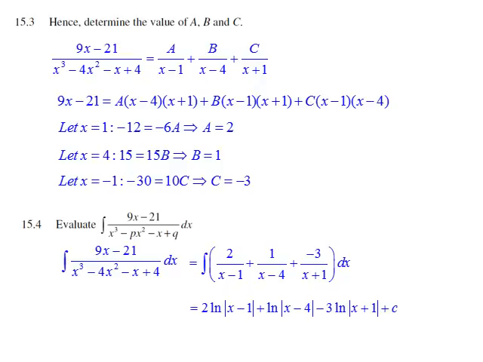And my final answer is 2 ln absolute value of (x minus 1) plus ln absolute value of (x minus 4) minus 3 ln absolute value of (x plus 1) plus c. And we're done.